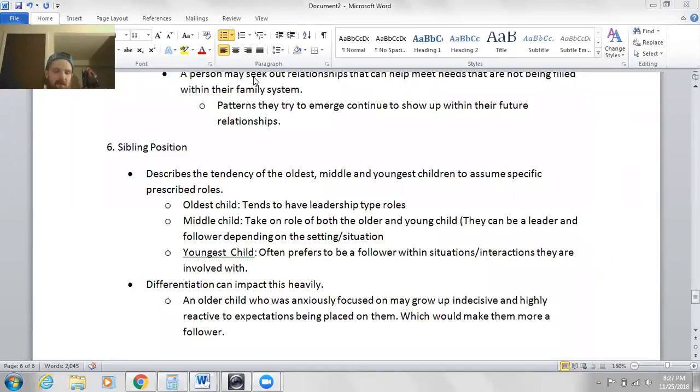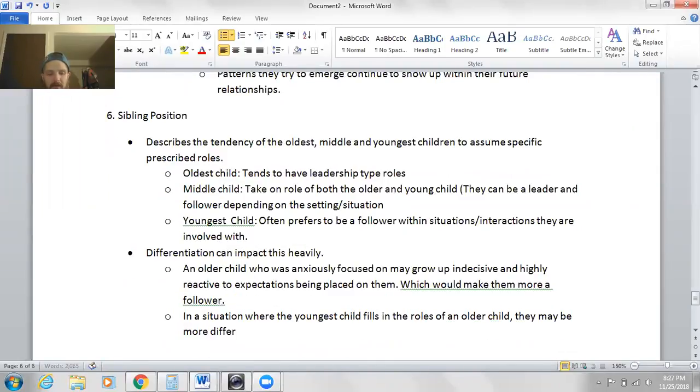And then the opposite. In a situation where the youngest child fills in the roles of the older child, they may be more differentiated and thus occupy leadership roles with confidence.